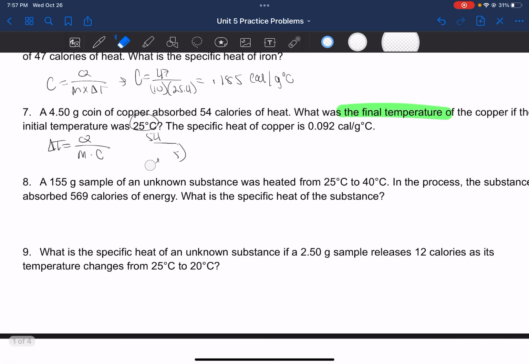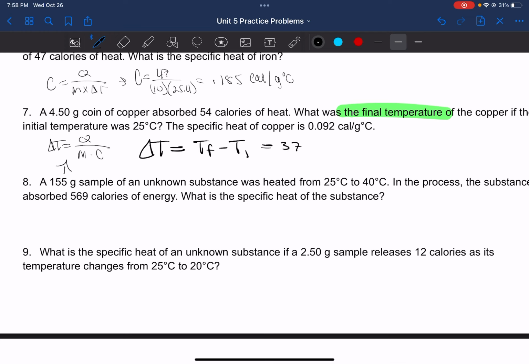So we do use this formula, but just remember delta T is equal to TF minus TI. So if you're looking for either or, you either subtract or add and bring it over here.